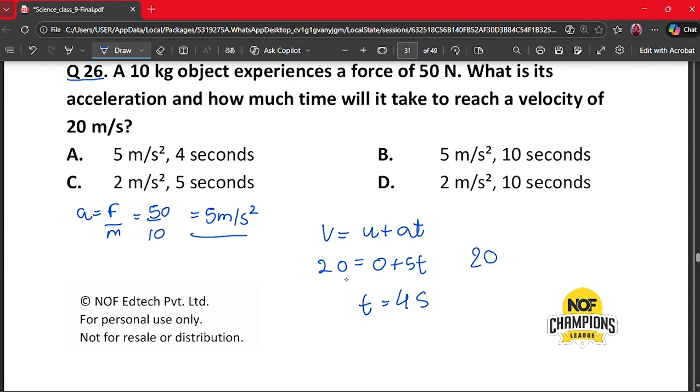Why? Because 20 is equal to 5t and 20 by 5 is equal to t. So our answer is 4 seconds. So 5 meter per second square and 4 seconds is the correct option.